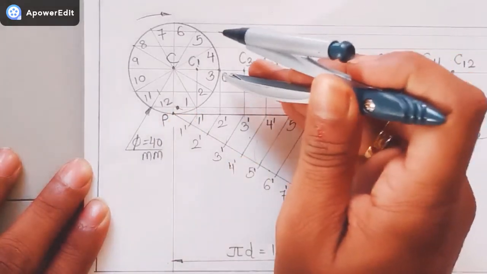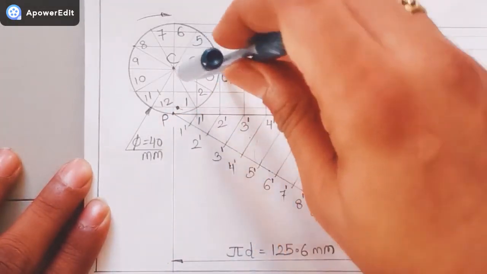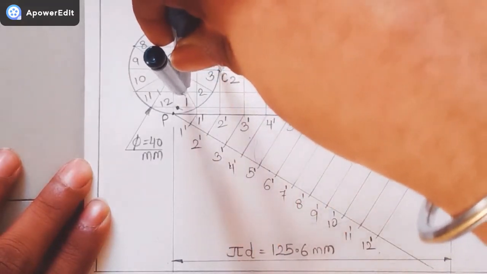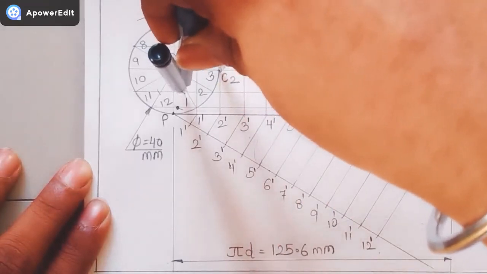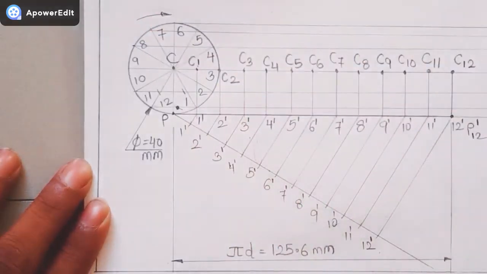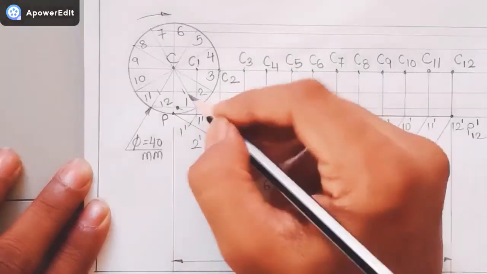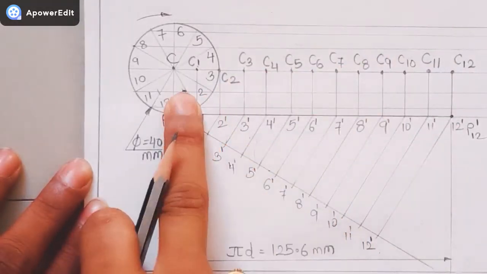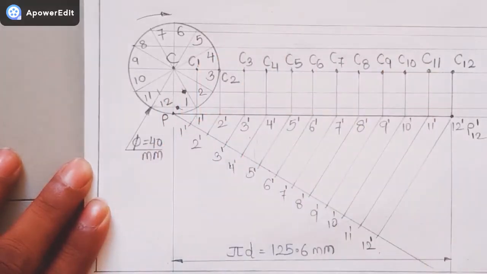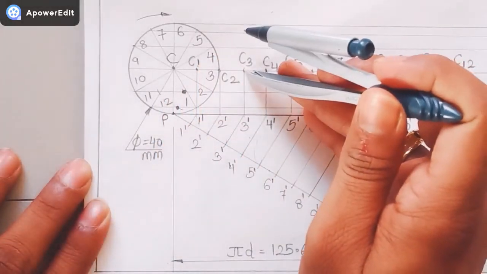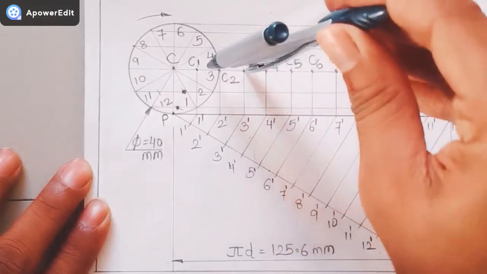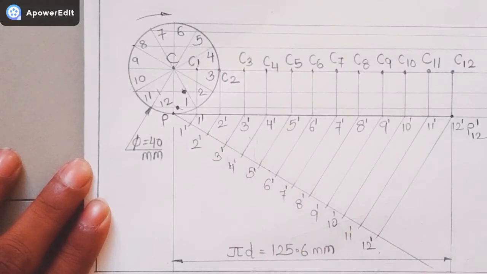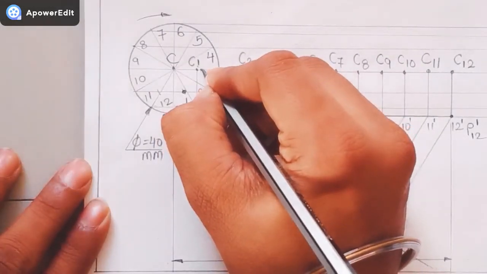Similarly, from C2, I will cut an arc that will be passing through the points 2 and 10. So this will be your point P2. Similarly, I have to mark all the points. Say I'll mark for C3. It will be cutting a point on the line passing through 3 and 9. So this point will be your point P3.